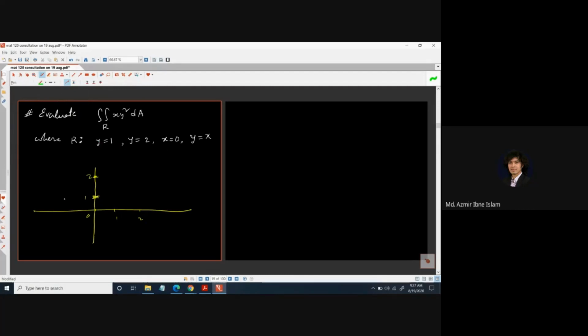From the concept of geometry, you know that y equal to 1 is a horizontal line, parallel to the x-axis. Y equal to 2 will be again a horizontal line here. This is y equal to 2, and this is y equal to 1. Is that okay? Yes, sir. X equal to 0 is this line.